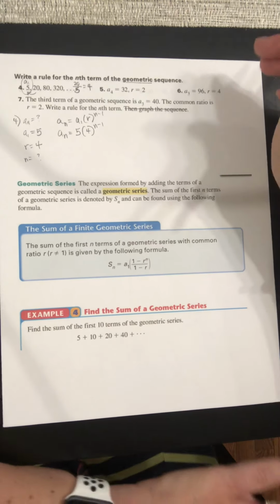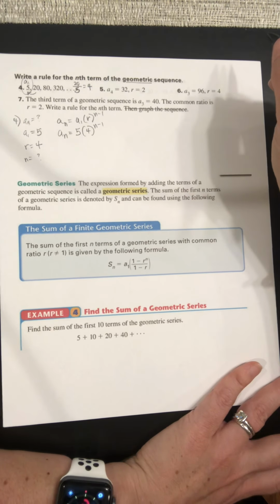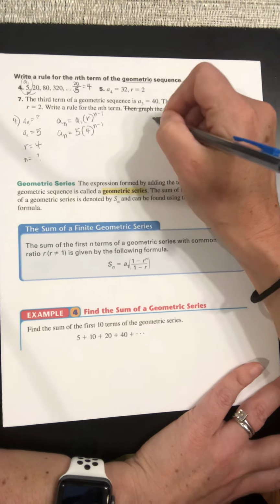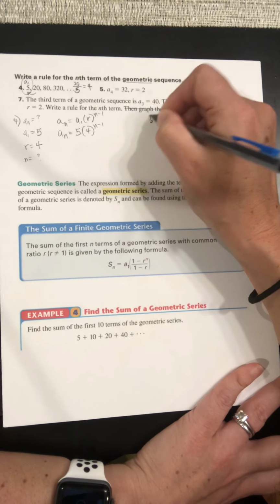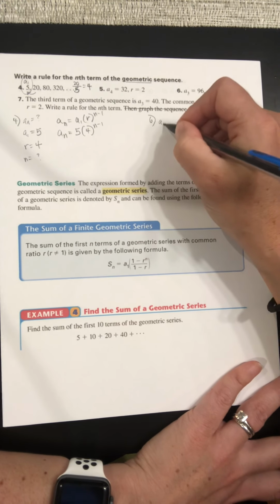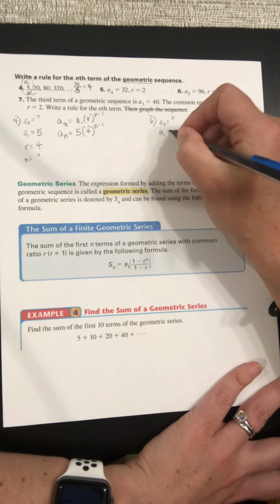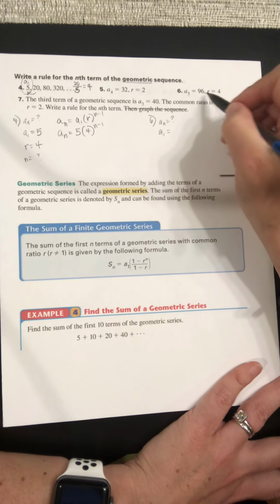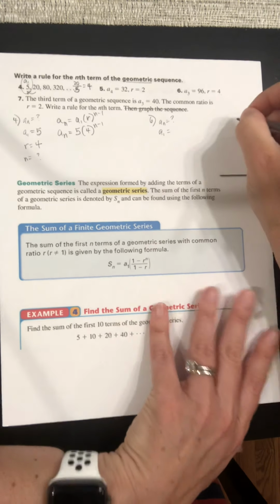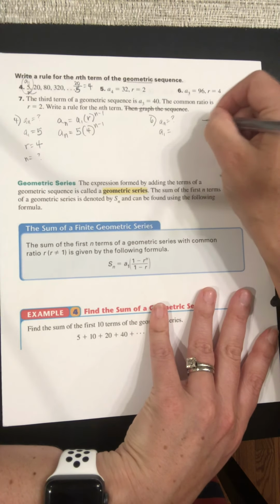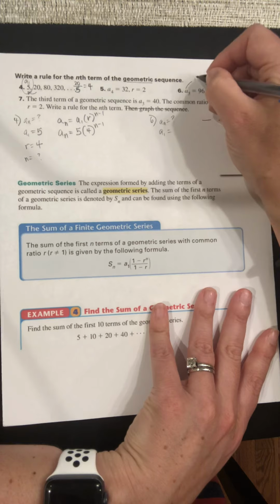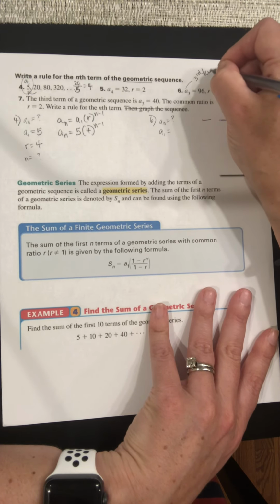Now, if I look at number 6, this is a little different. Remember, we're trying to write the rule for a sub n. We need a sub 1. If I look at number 6, I don't have a sub 1, so I have to find that. What they've told me is that this is the third term.